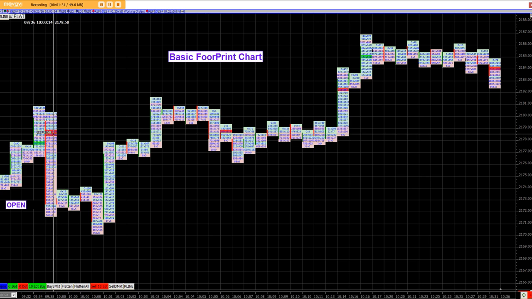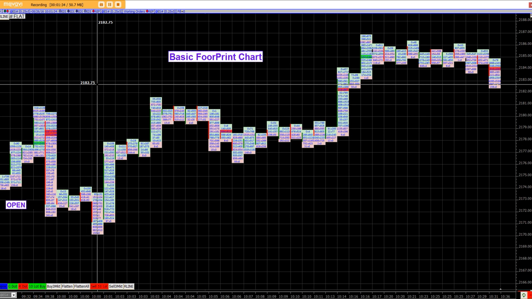Anything that's shaded in red is heavy selling. Anything shaded in green is heavy buying. And there's specific thresholds that I have been able to determine from a historical basis have a strong basis on price.